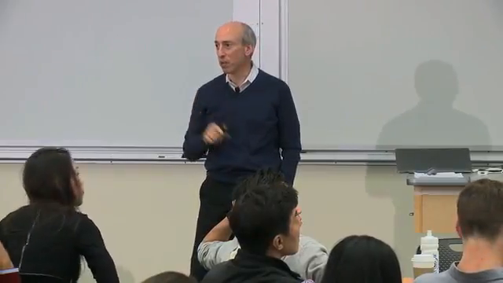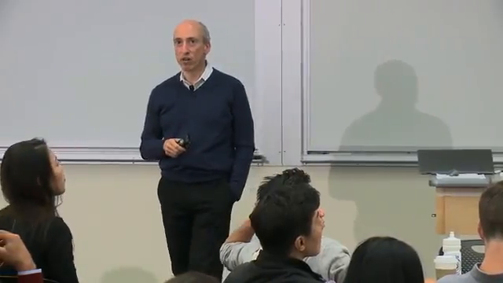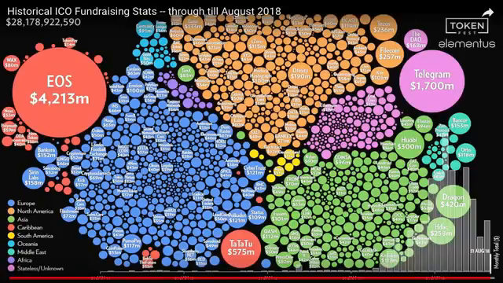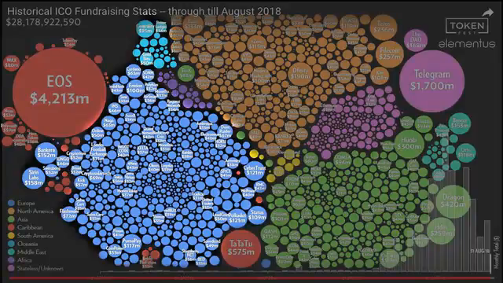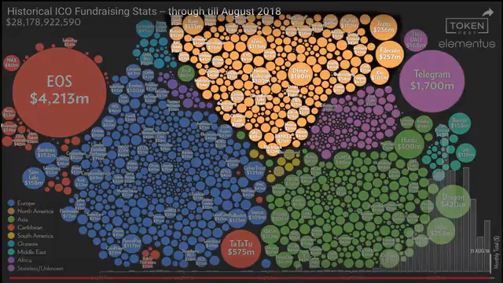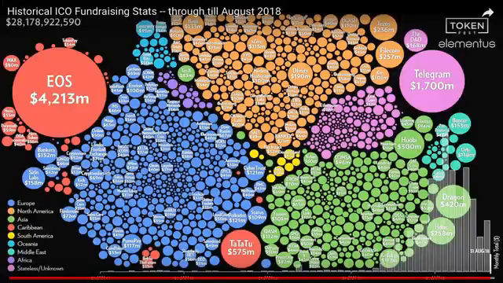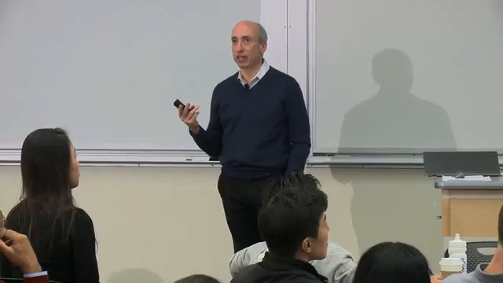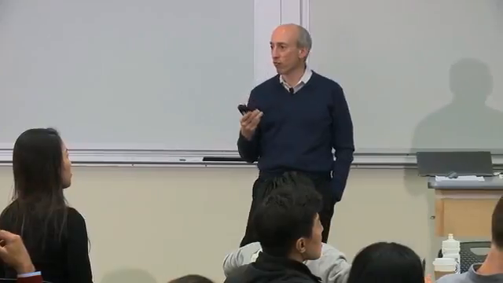You can watch it in a minute and a half, over the years. It's geographically dispersed, with blue being Oceania, Australia, and so forth, green being Asia, North America being orange. But the biggest ones, EOS raised $4.2 billion, Telegram $1.7 billion, and the like. These are not small figures.